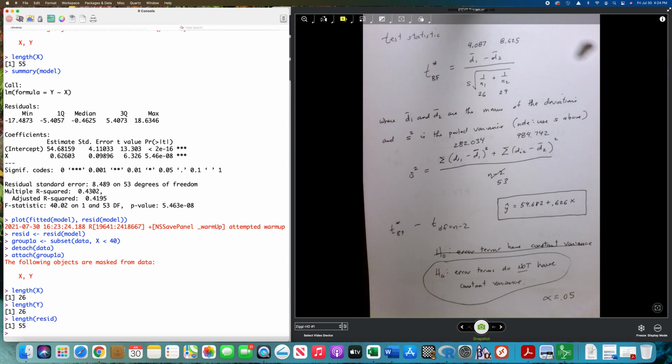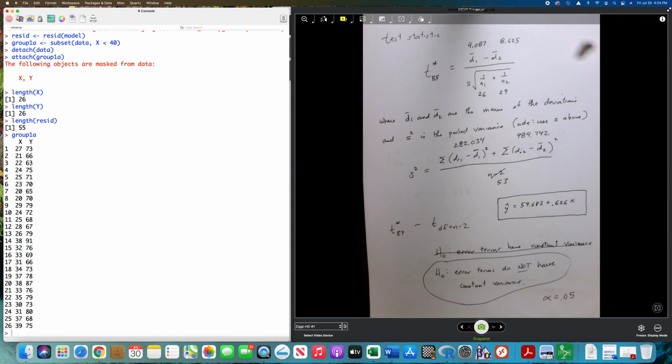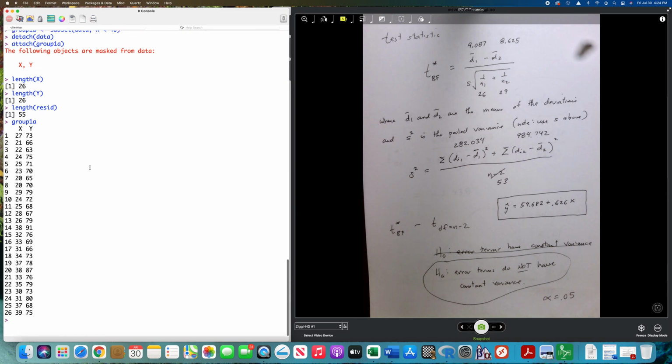So when I first started working on this, all my calculations for the residuals turned out to be the same for group 1 and group 2. But I found out through R that if you make a calculation with the values from the initial data set, even though, for example, I don't know why I'm beating a dead horse here, if I create a new data frame, it will actually show the residuals just for group 1A.